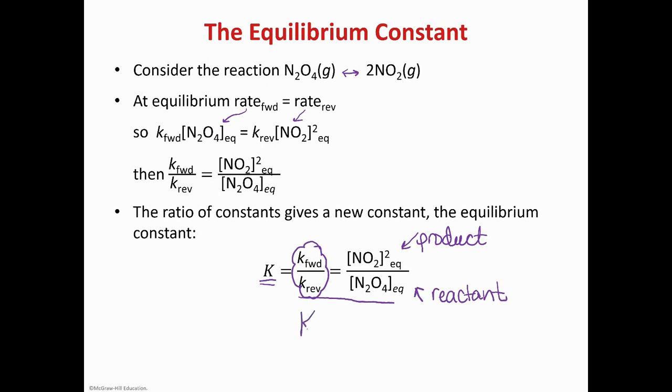So we call it Kc for concentration. There's going to be all sorts of Ks that we're going to encounter. We're going to encounter Kp for pressure, Ka for acid, Kb for base. So this one here would be Kc because it's expressed in concentrations.